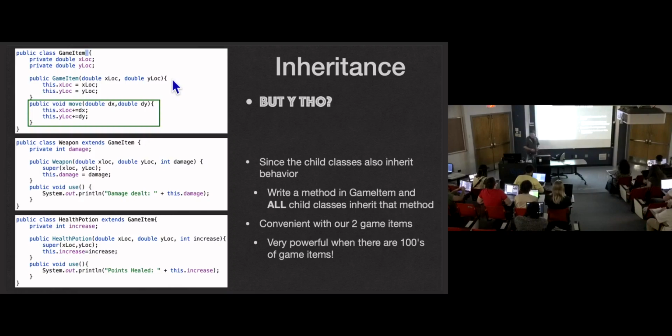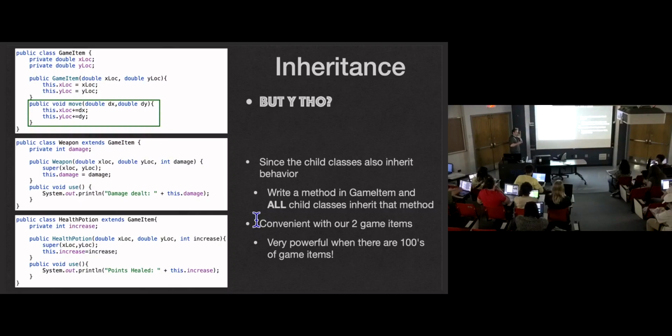If I have an object of type weapon, I can call the move method. You said something about game item being a child of an object. Can you explain? So the other way around, weapon is the child class of the game item class. Health potion is a child class of the game item class.